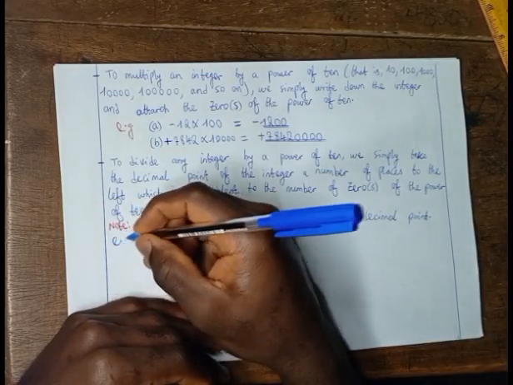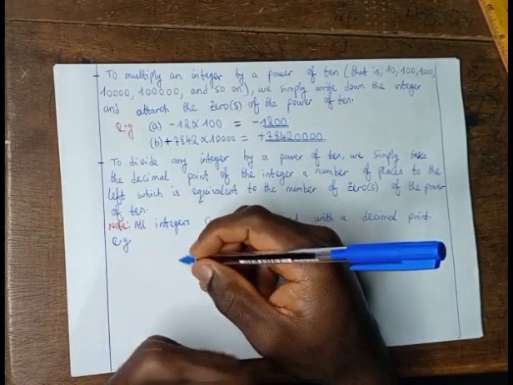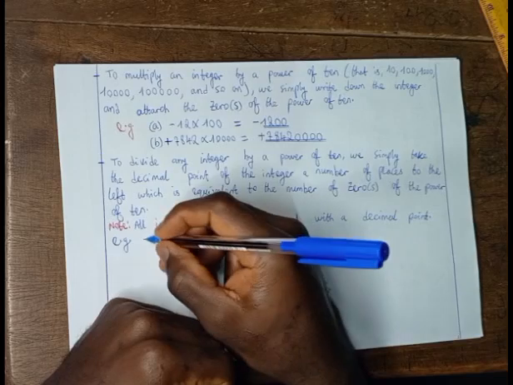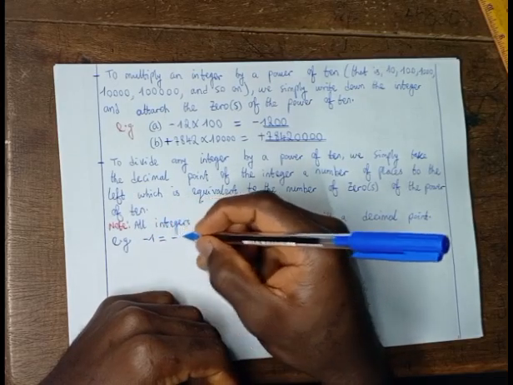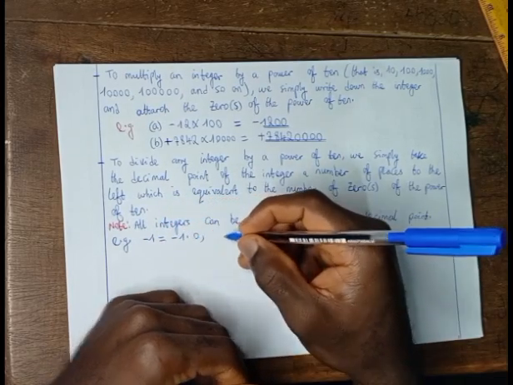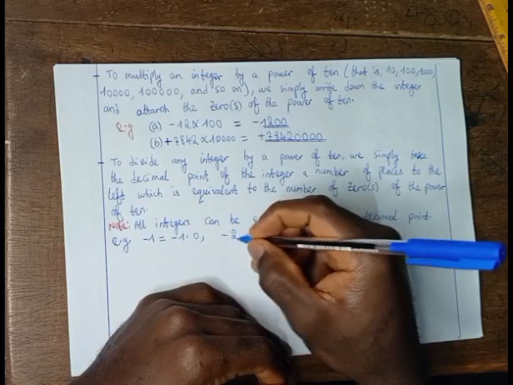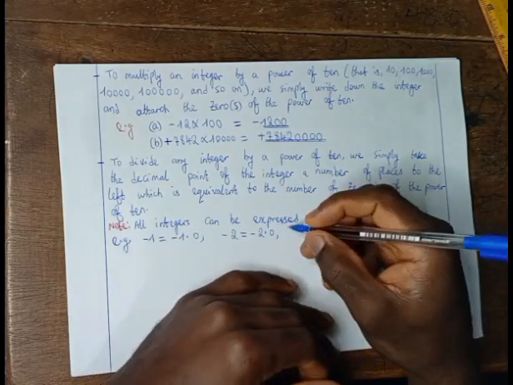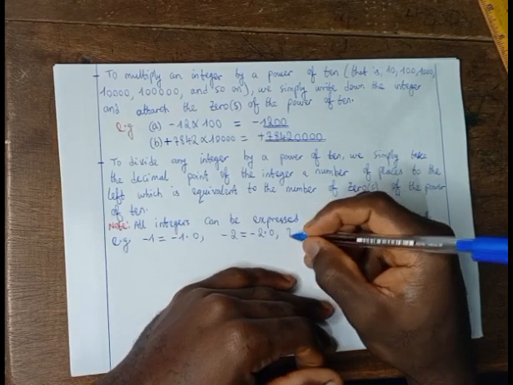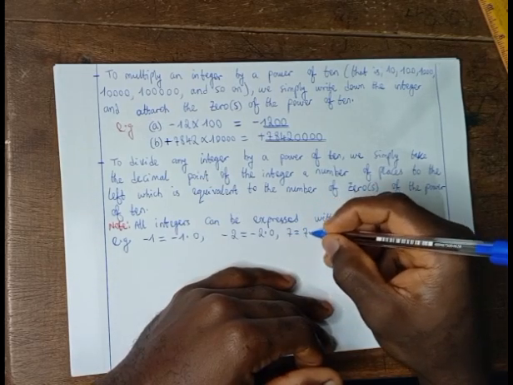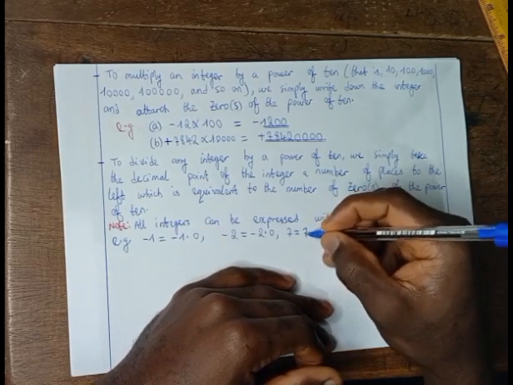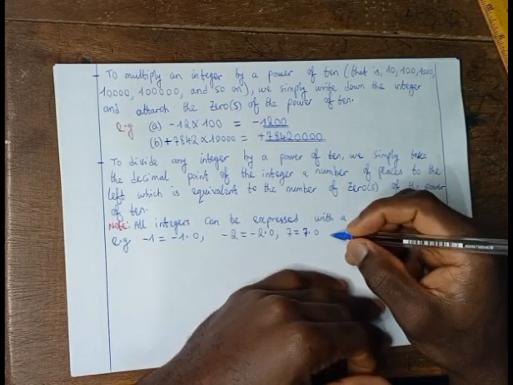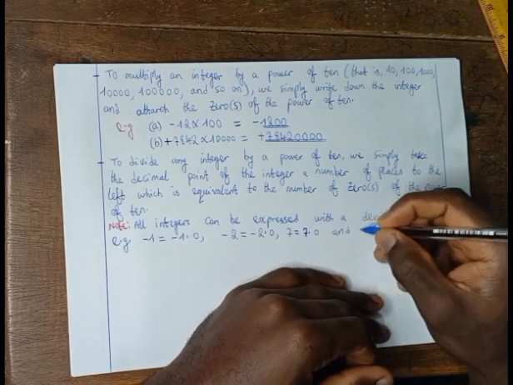E.g., we can express -1 as -1.0, -2 as -2.0, 7 as 7.0, and so on.